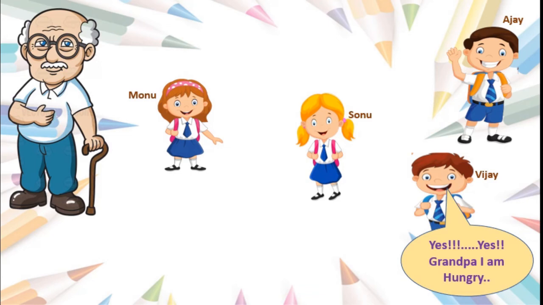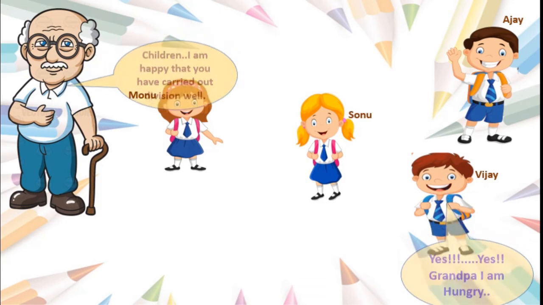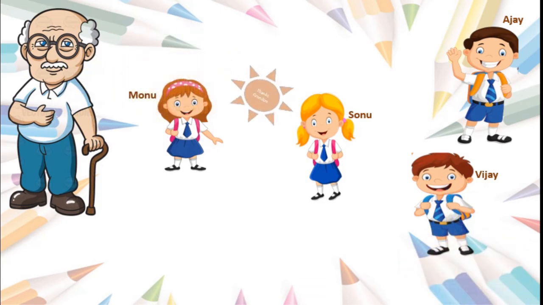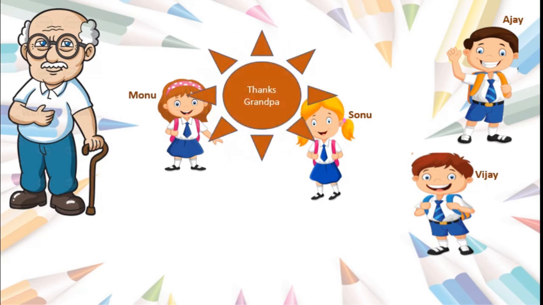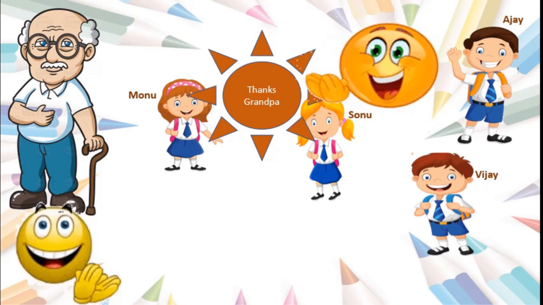Grandpa, I am very hungry. Please give fast, Vijay said. Then Grandpa said, children, I am very happy that you have carried out division well. All the students said, thank you, Grandpa. And these are claps for you all, said Grandpa.